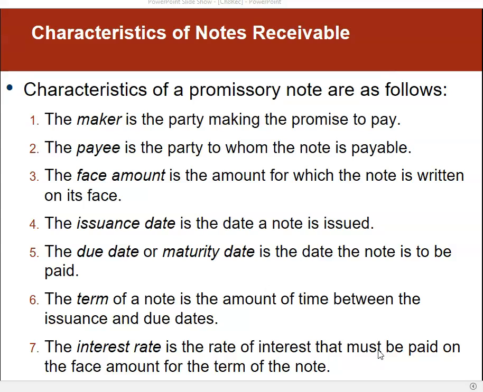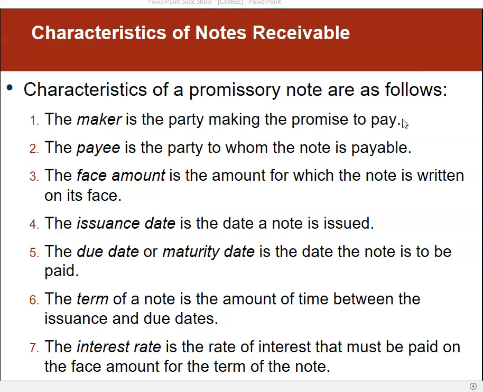Okay, so let's look at some characteristics of a note receivable, and this is primarily an exercise in vocabulary. So when we talk about the maker, the maker of the note is actually the borrower. It says it is the party making the promise to pay.